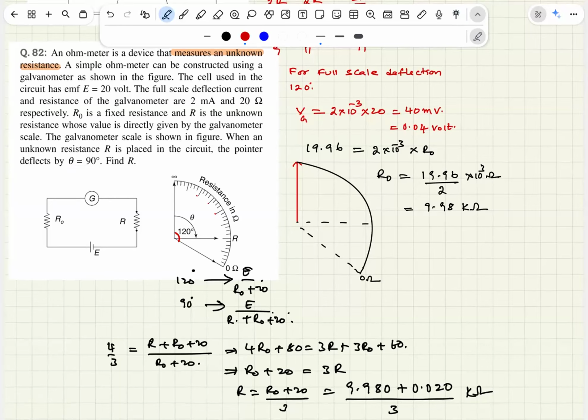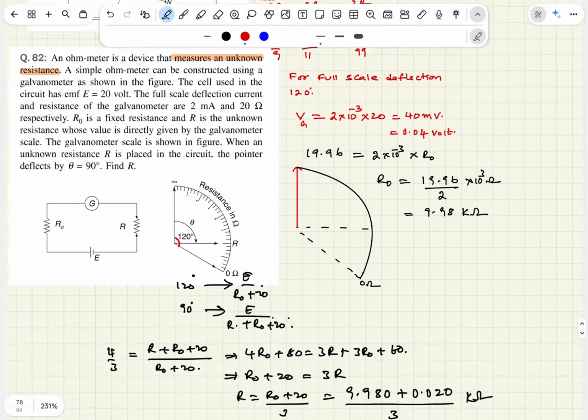For 120 degrees deflection, 2 milliamps current is required. Whatever you connected in the path is immaterial for me. The galvanometer shows 120 degrees deflection when 2 milliamps current passes through it.